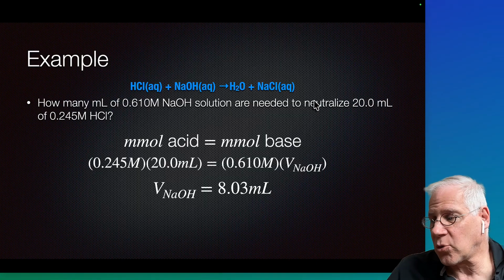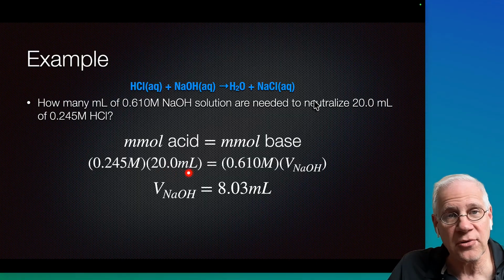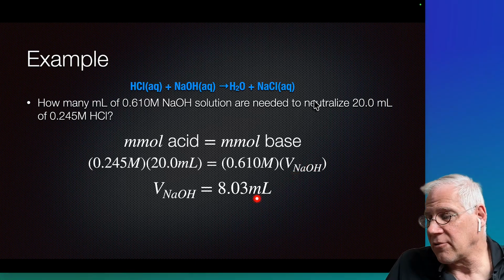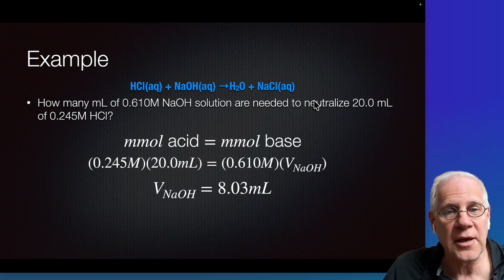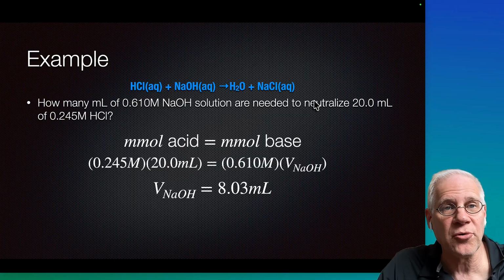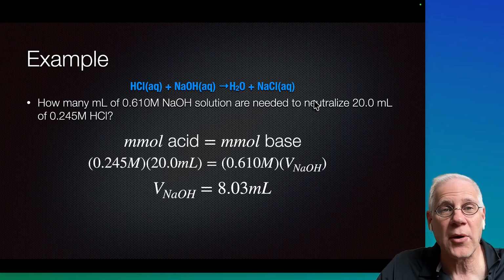Now, if you're not comfortable working in milliliters and millimoles, that's fine. You can use liters here, and you'll get your answer out in liters. You'll just have to reconvert into milliliters depending on what the answer is looking for. But a volume is a volume. This is why I find millimoles easier to work with in these types of equations, because we don't have to convert between milliliters and liters all the time.